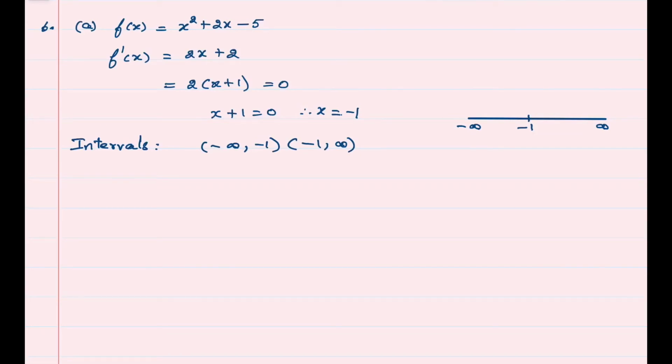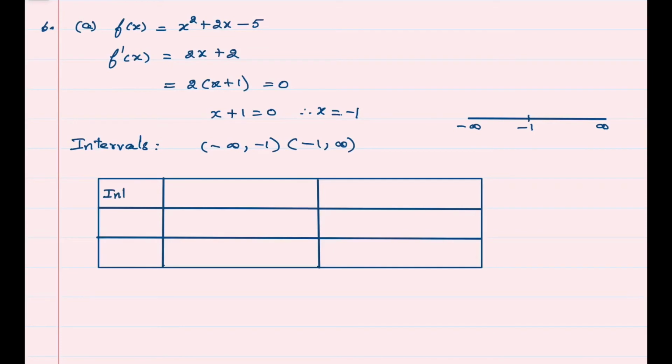Let us draw the table to check the sign of f dash in these intervals. We will write the intervals in the first column, minus infinity to minus 1 and minus 1 to infinity. We will check the sign of f dash and we will decide the nature of f.